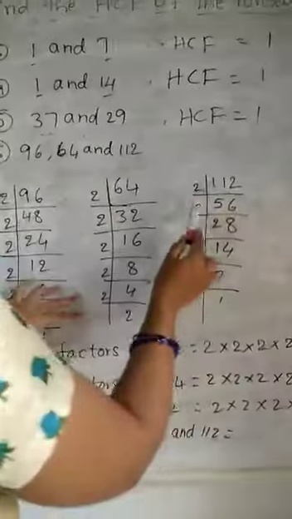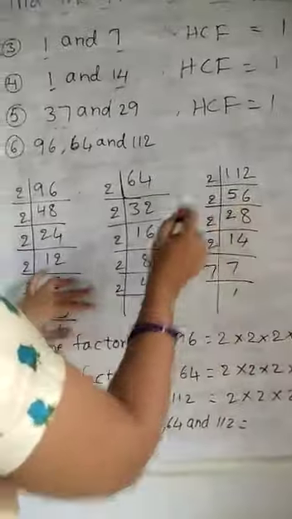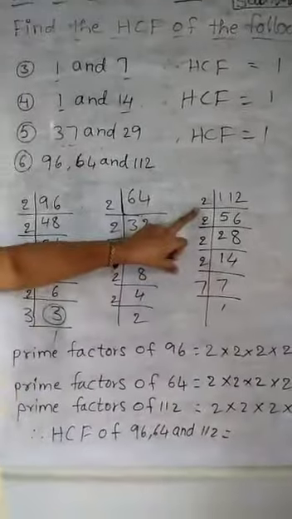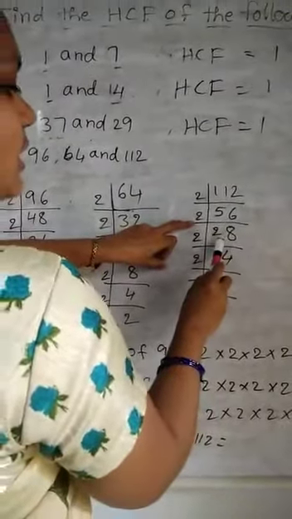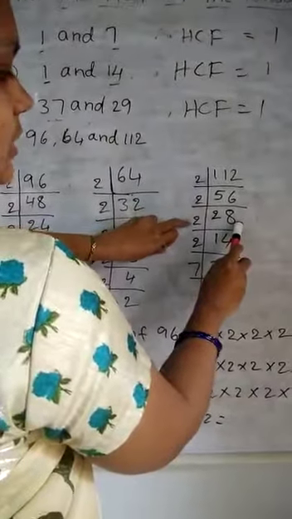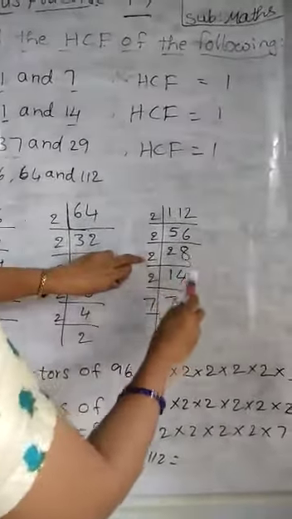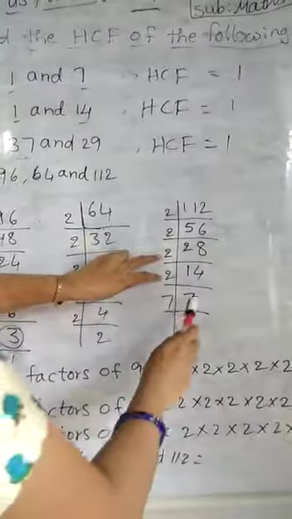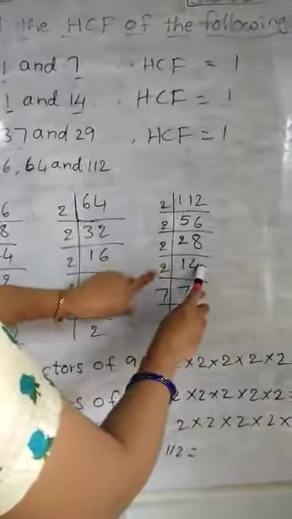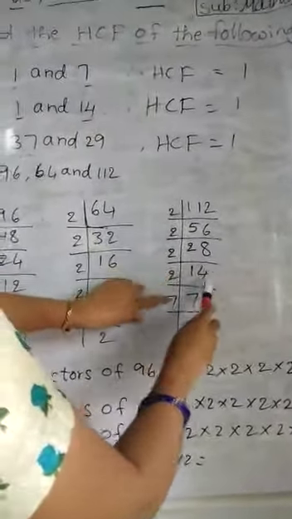Next, 112. This is also divisible by 2. 2 divides 112 56 times. This 2 divides 56 28 times. This 2 divides 28 14 times. 14 2s are 28, and 7 2s are 14. 7 1s are 7.